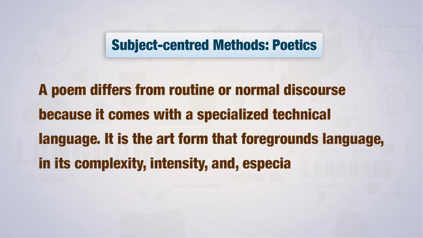It is the art form that foregrounds language in its complexity, intensity, and especially in its relatedness. Because in the poetic text, everything is related to everything else, or should be, because the entire content is a construct of sameness and difference in both accurate and equable proportions.